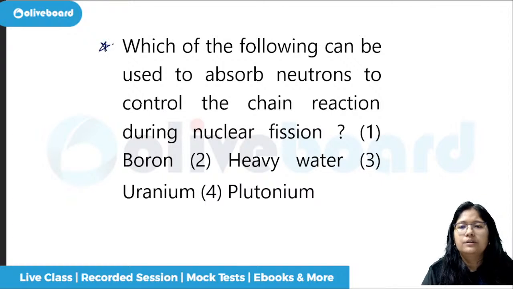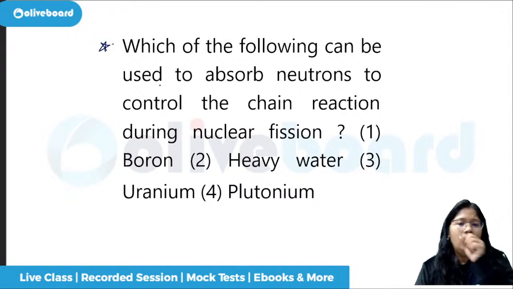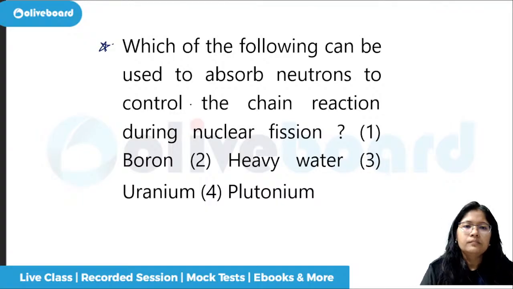Next question. Which of the following can be used to absorb neutrons to control the chain reaction during nuclear fission? So what is used to control the chain reaction? Boron can be used. We have already seen about boron and cadmium.